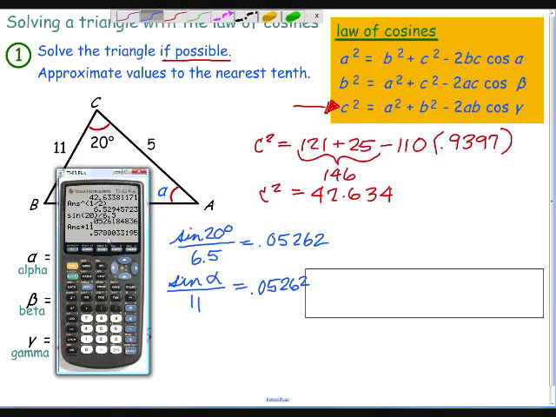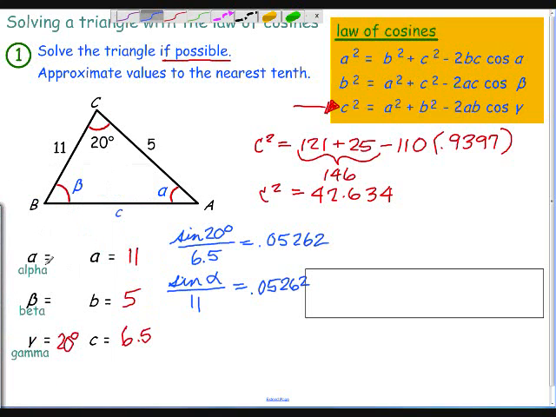I want to know what the angle is. This is when I go to arc sine of 0.5788. So alpha is 35 point, we're rounding to the nearest tenth, 35.4 degrees.